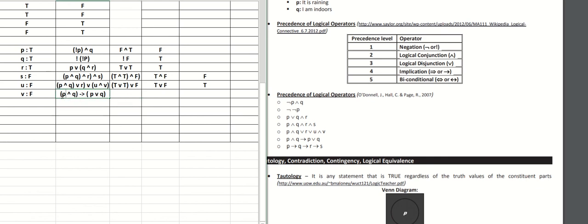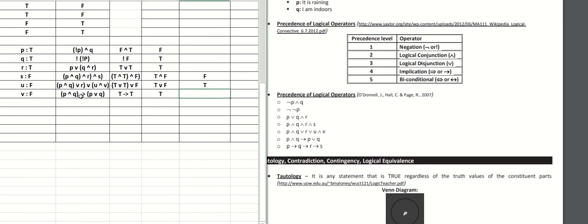We get the truth value for the P and Q first. The truth value of P and Q is true, and then we copy the then or the implication, and we get the truth value of P or Q. True or true is true. Okay, if true, then true, therefore it is true.